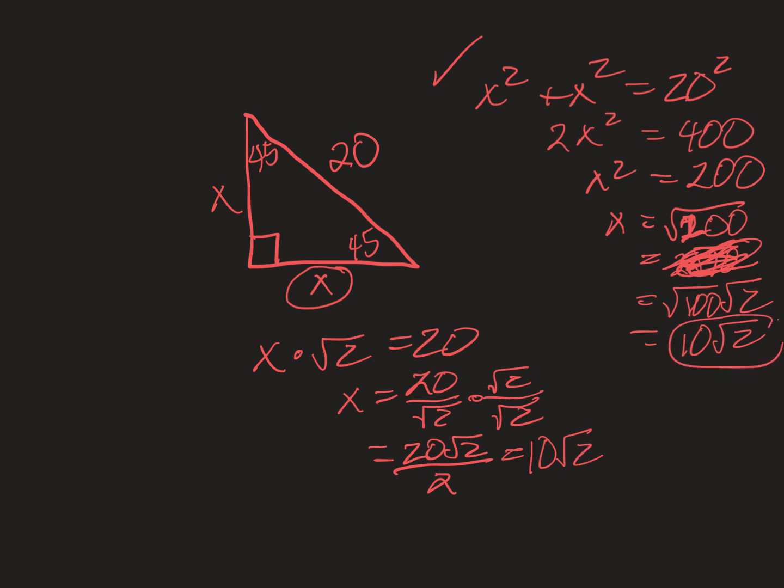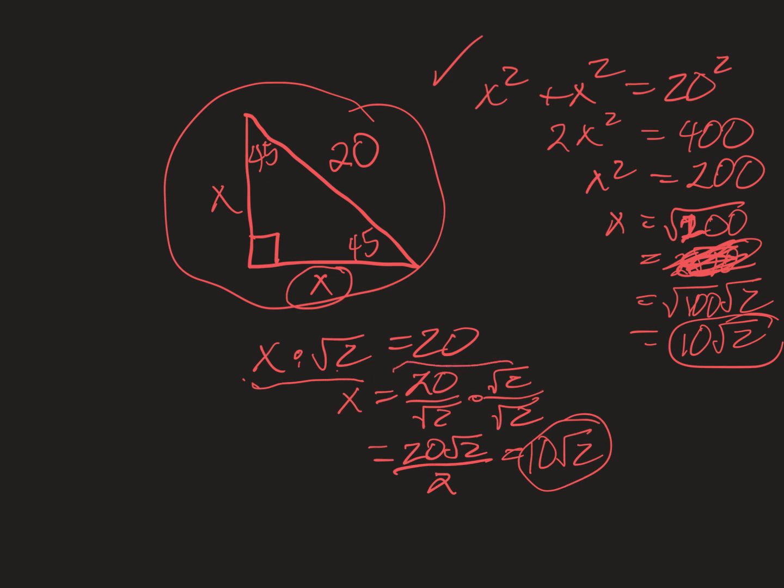So notice how we get the same answer in either case. And this would be from a memorized procedure. We know the hypotenuse is the square root of 2 times the leg. So that's why I take square root of 2 times x and then set it equal to 20. All right? And in either case, we can find out what x is by solving.